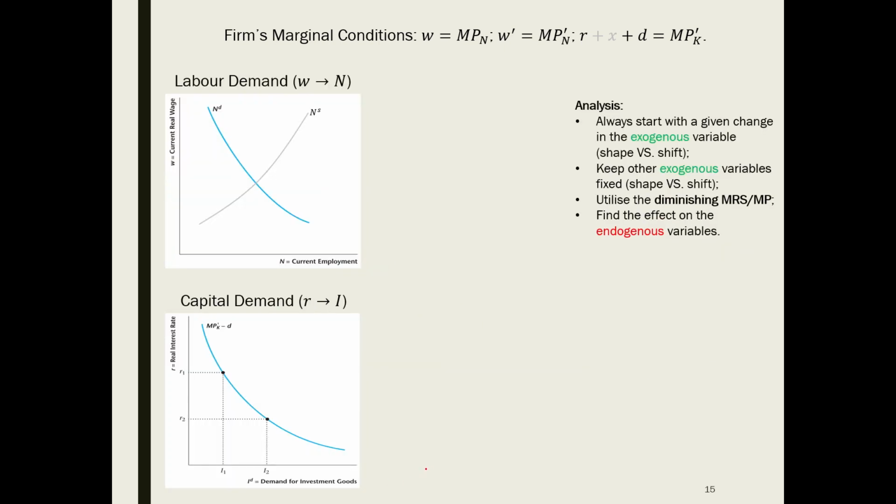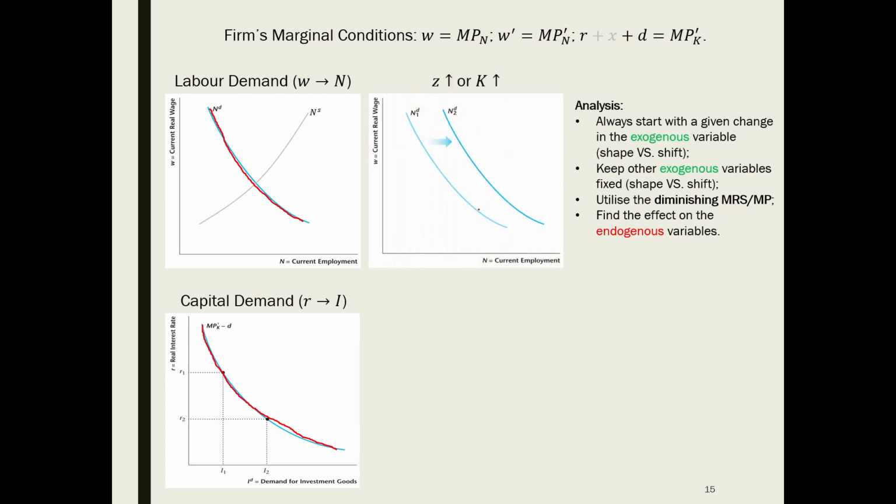In the previous slide, we have shown that the labor demand curve and capital demand curve are both downward sloping. This slide focuses on the effect of exogenous variables on these curves. For example, to see the effect of a rise in productivity Z, we again apply the three-step approach. Step 1. The exogenous variable in question is Z, and the endogenous variable is labor demand.